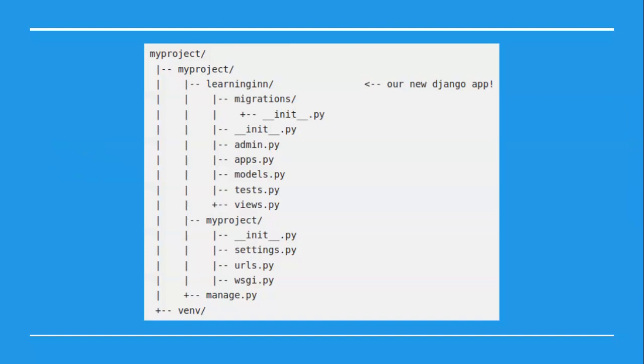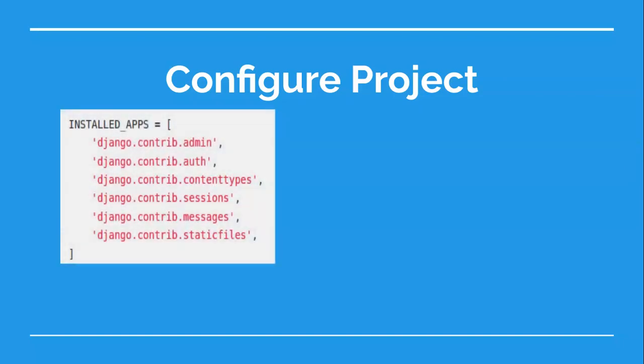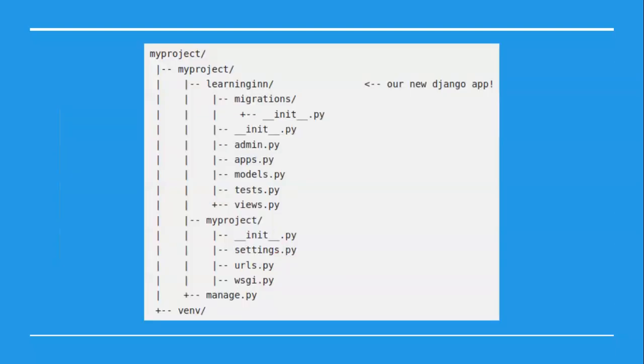Migrations, here Django stores some files to keep track of the changes you create in the models.py file, so to keep the database and the models.py synchronized. admin.py, this is a configuration file for a built-in Django app called Django Admin. apps.py, this is a configuration file of the app itself. models.py, here is where we define the entities of our web application.